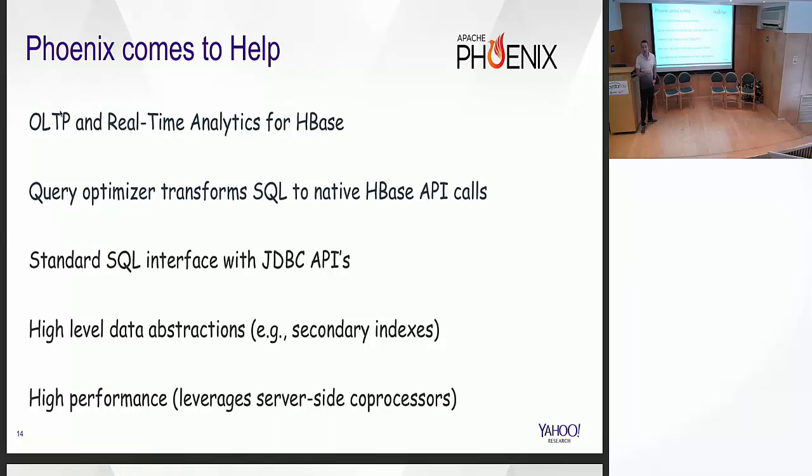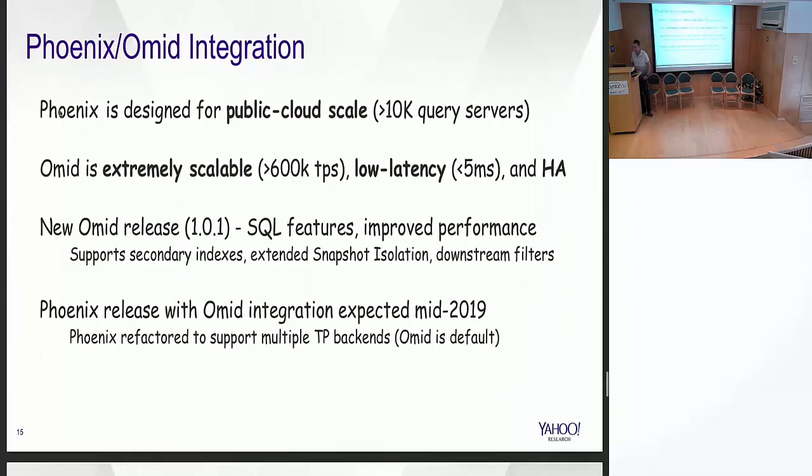It has a very simple JDBC-compatible SQL interface, convenient mechanisms like secondary indexes, and a lot of applications that make the developers' life much easier, like using the HBase capabilities of running server-side code really close to data, something that can increase the performance a lot, but is really hard to program. So Phoenix does all that.